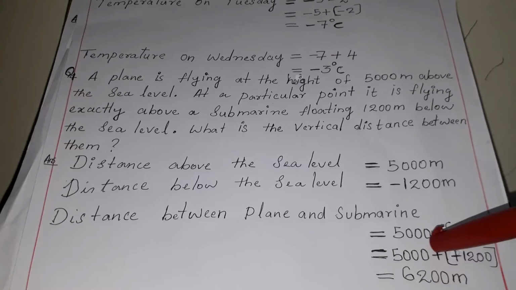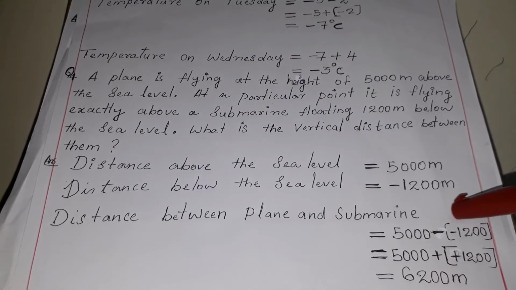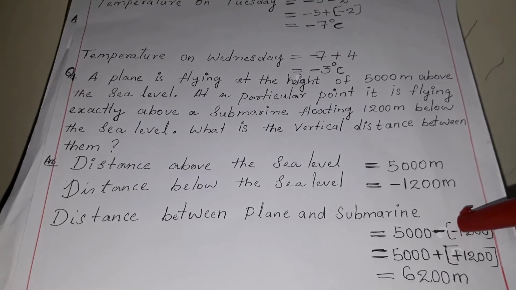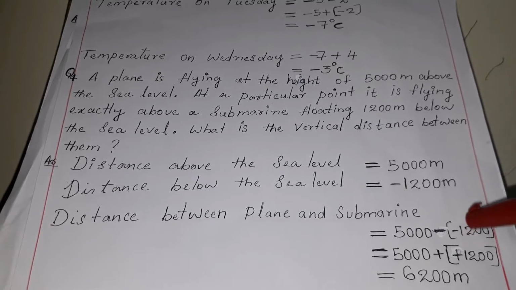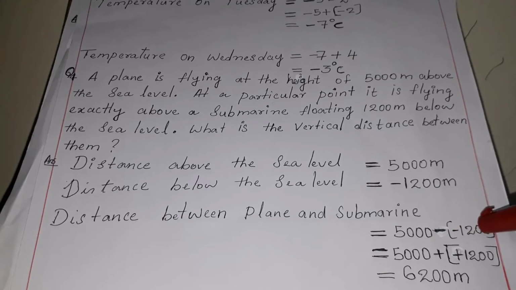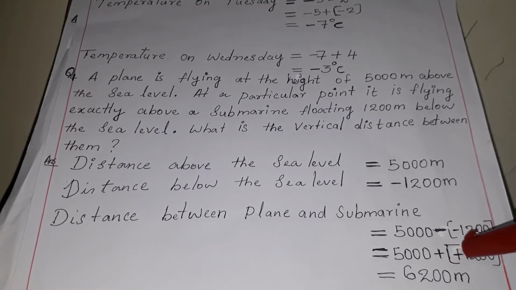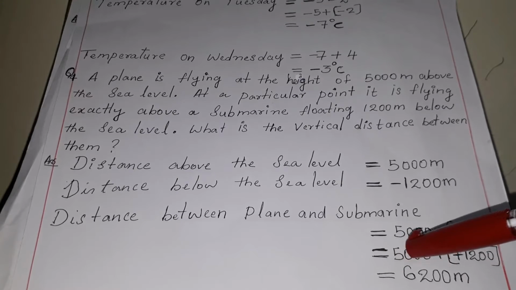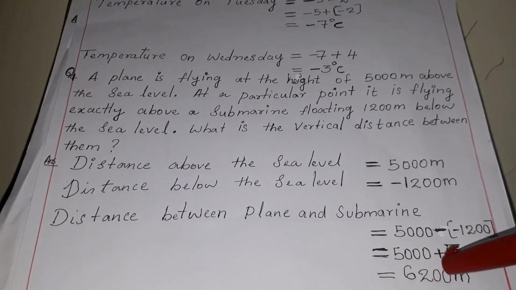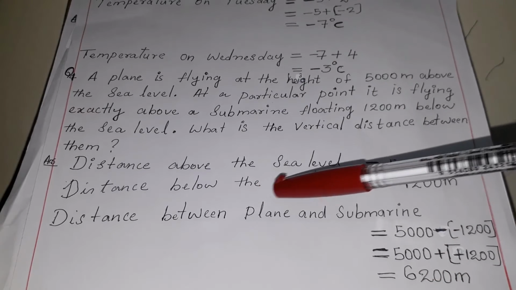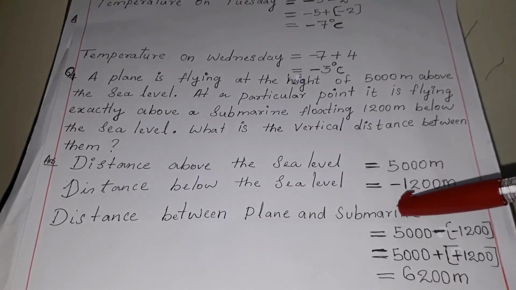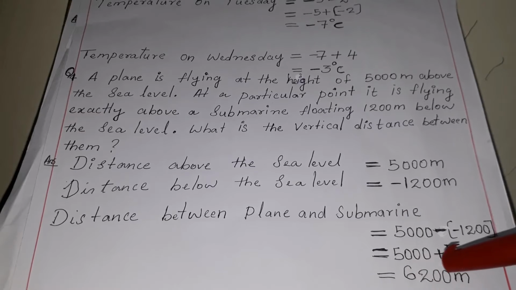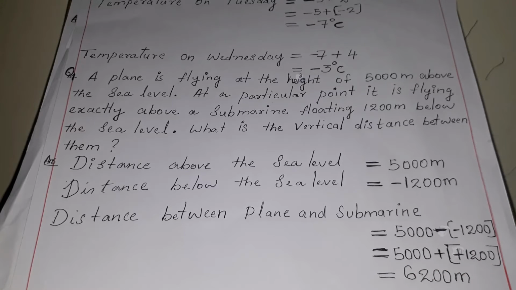It is minus, so you have to write it as plus, the additive inverse of minus 1200. What is the additive inverse of minus 1200? It is plus 1200. So you should add this one. You get 6200 meters. So the distance between plane and submarine is 6200 meters.